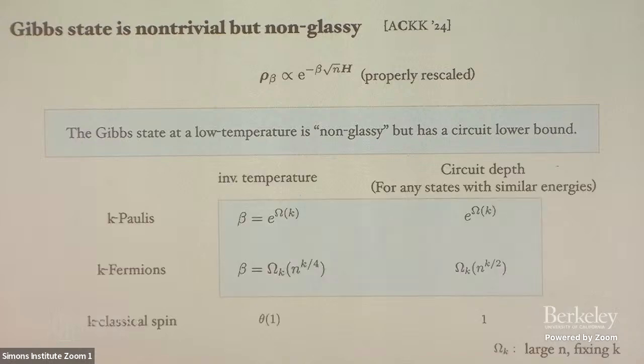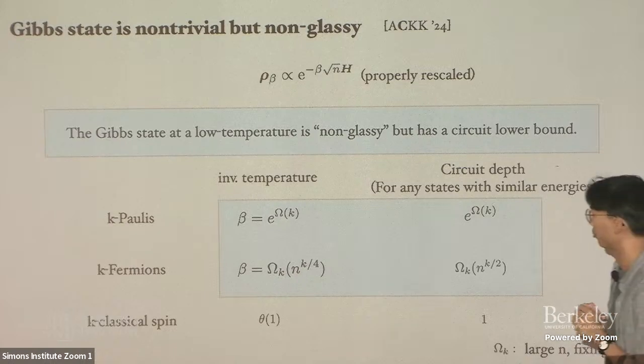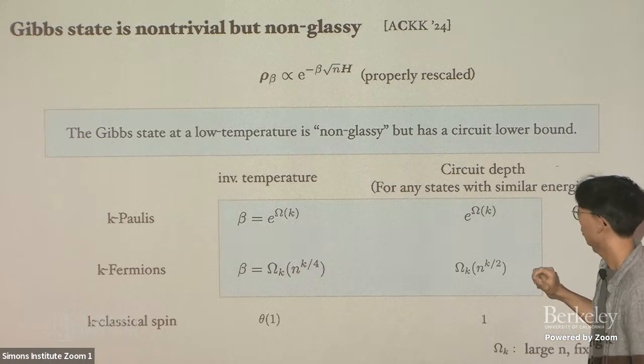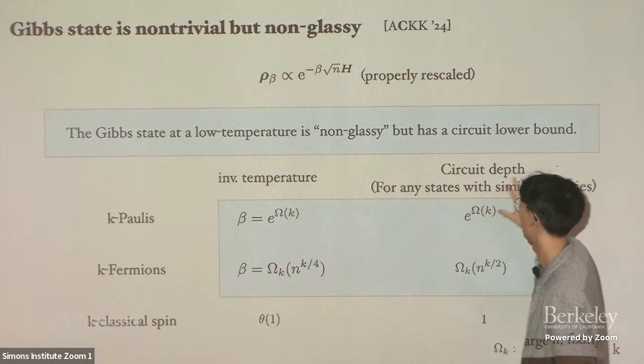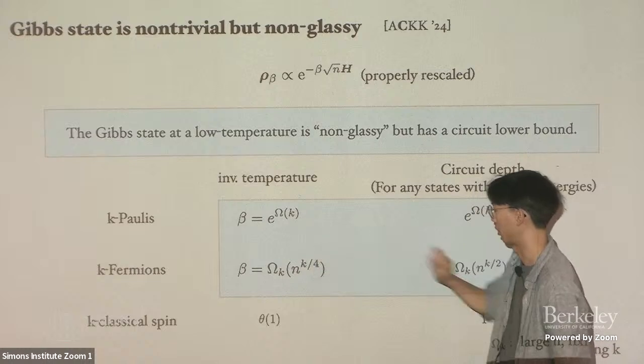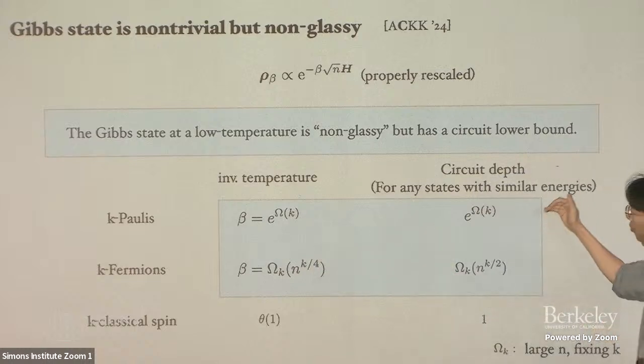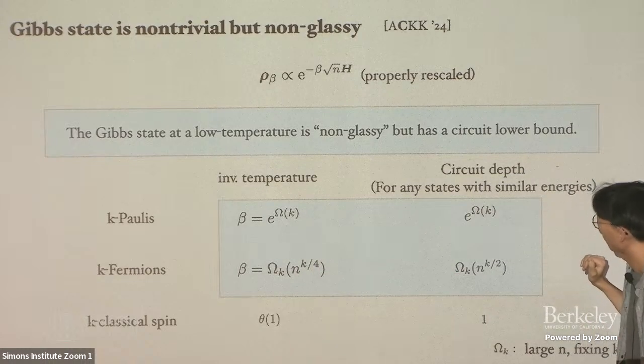All right, so here are the numbers we get for both these models. Let me start with the circuit depth. The non-glassy part may not make sense to you right now, but here's what we get for the circuit depth.